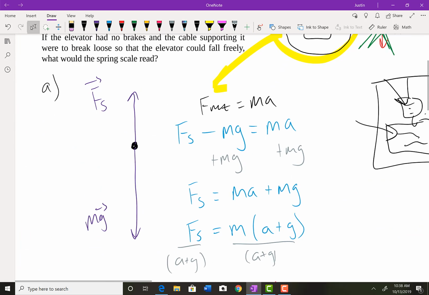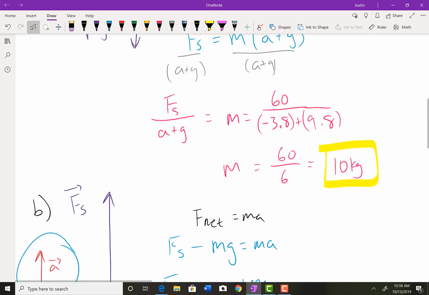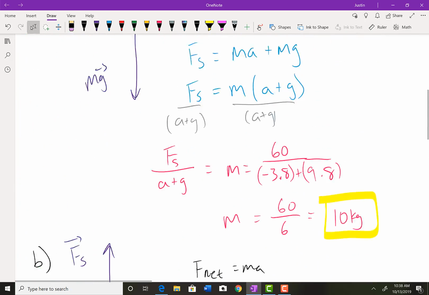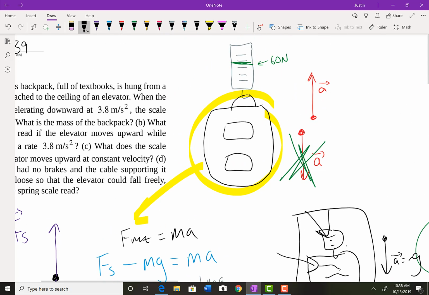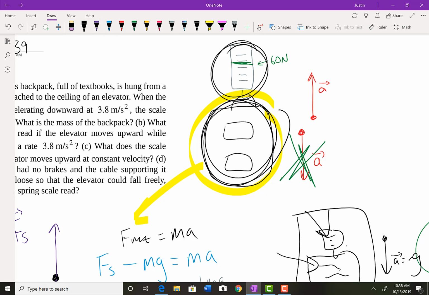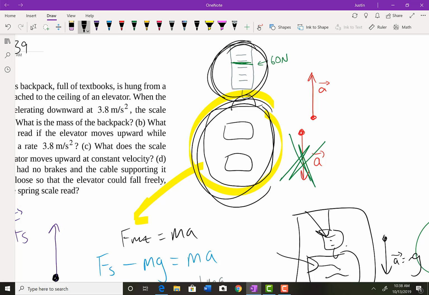So that means that if this is falling at negative g and this is falling at negative g, we have only the gravitational force acting on the backpack and the spring scale. Both of them are falling.